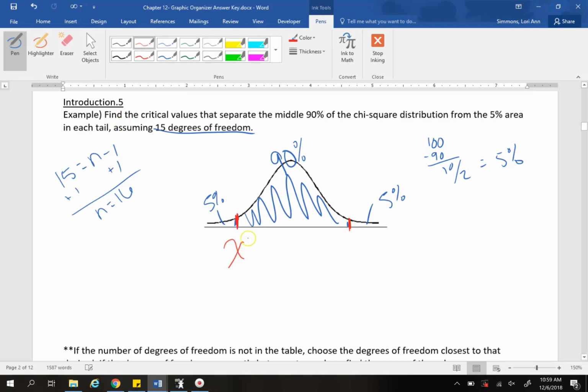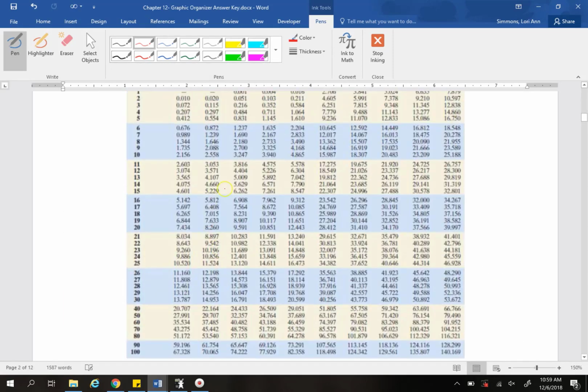So here we have chi-squared. We want to know the area to the right. This alpha is the area to the right. So we have 90 plus 5%, so that's 95. And here we have chi-squared sub 0.05. Let's do chi-squared sub 0.95 first.